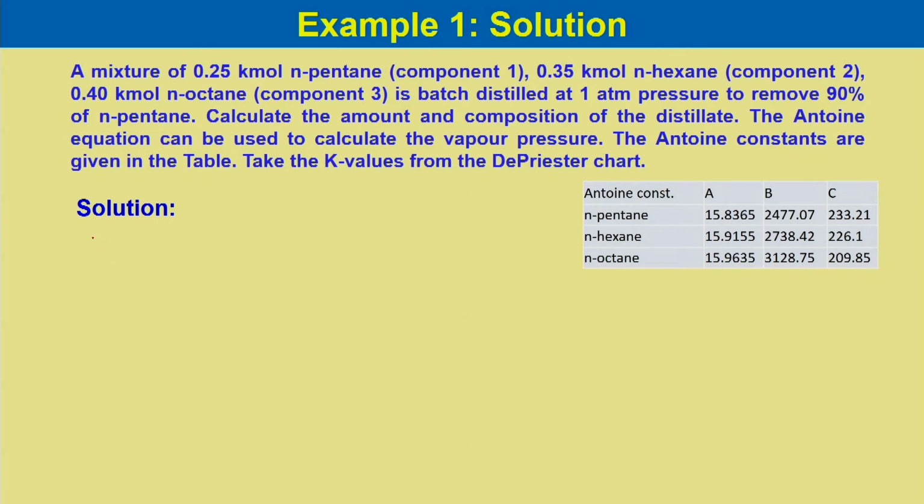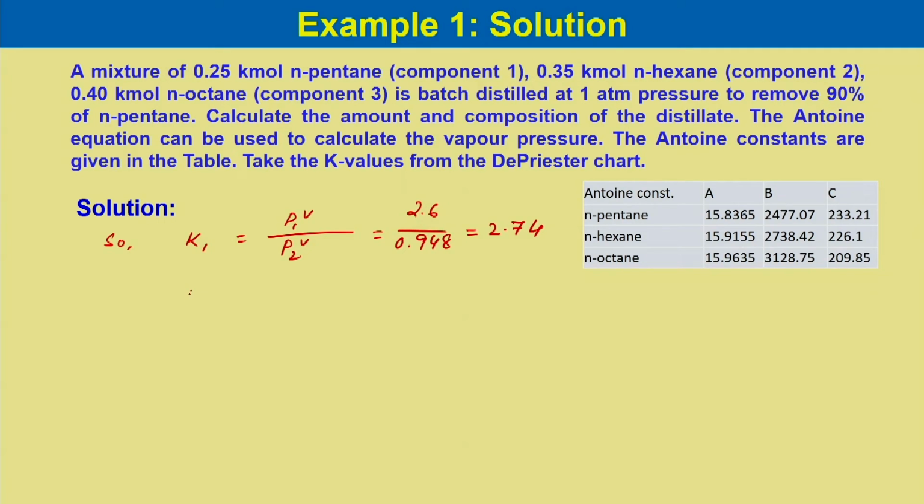So, K1 we can calculate is equal to P1V divided by P2V, which is equal to 2.6 divided by 0.948, which is equal to 2.74.